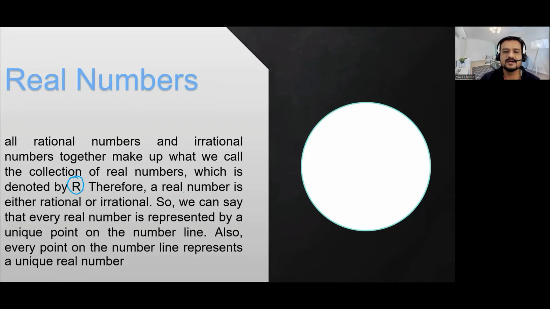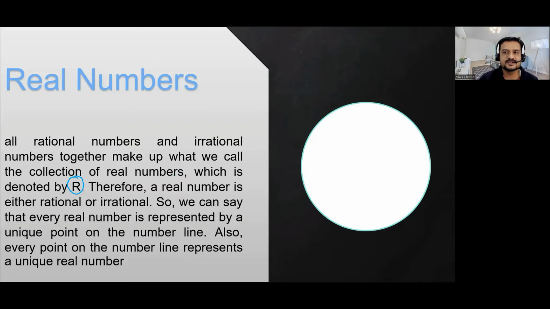Therefore a real number is either a rational or irrational number. Okay. So we can say that every real number is represented by a unique point on the number line also. Every point on the number line represents a unique real number. Okay.